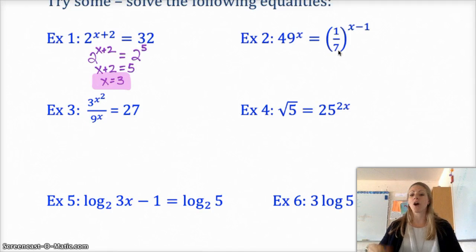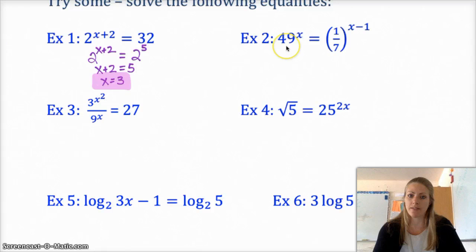But if you think of other bases that are a little bit simpler, you can actually change both of them. So I look at 49 and I'm like, oh, 49 is 7 squared. So can I take 49 and write it as 7 squared? And then is there a way that I can write 1/7 as 7 to a power? And when you figure that out, then you can solve the problem quite a bit easier.